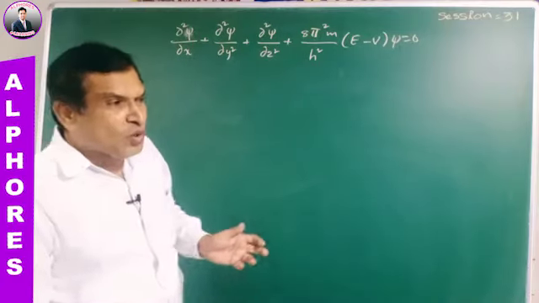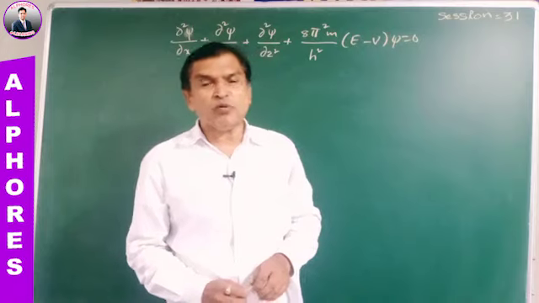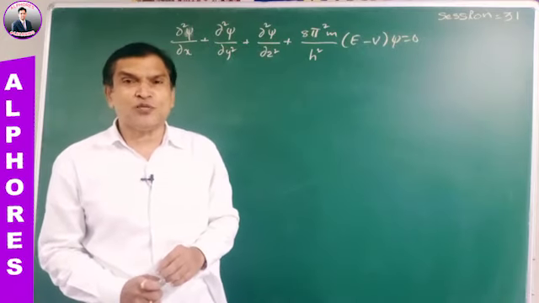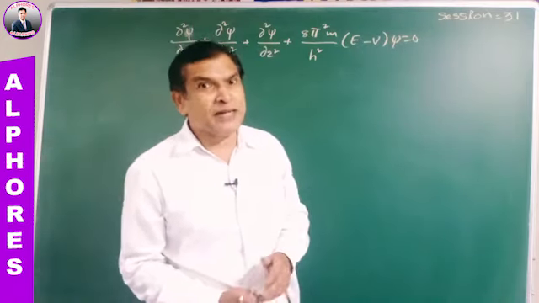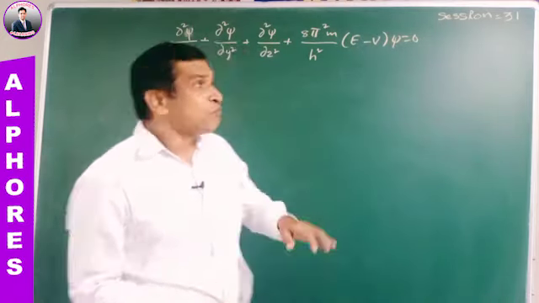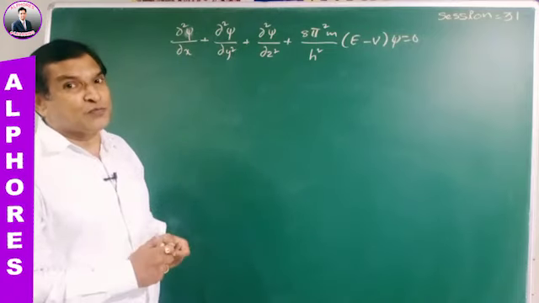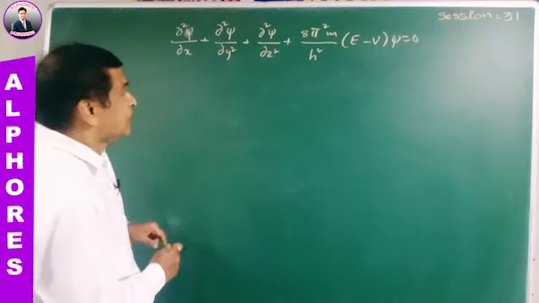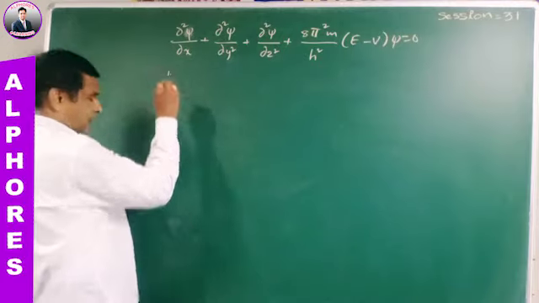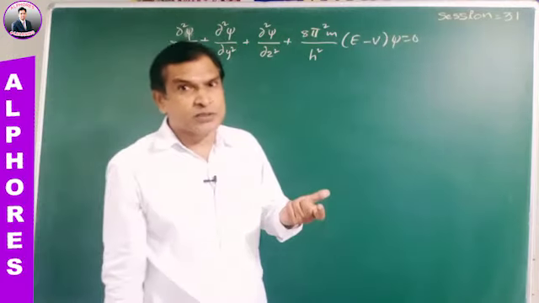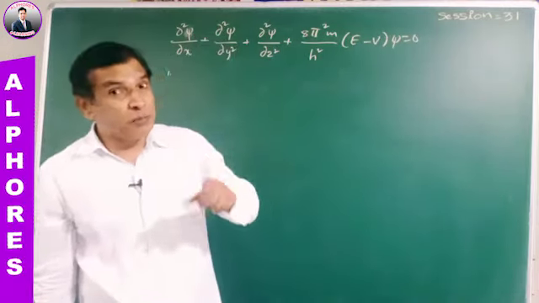Since psi could not satisfy the boundary conditions, psi has no physical significance. That we explained. What are the boundary conditions of psi, which explain eigenvalues or eigenfunctions? First, psi must be finite, not infinite.